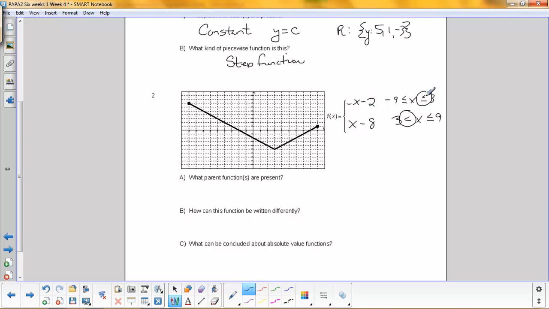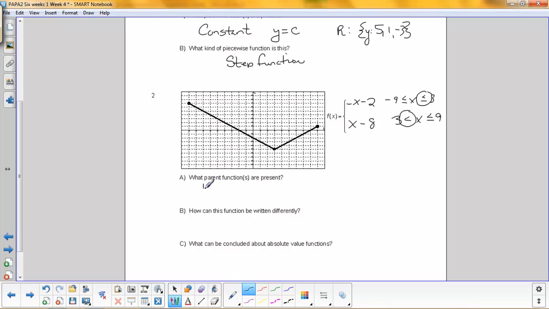Just in general, please make sure that if you have a piecewise function which meets, and there is no clear designation between open circle and closed circle, that you designate one of them as equal to and one of them as not. Okay? Please make that a careful note in your notes.